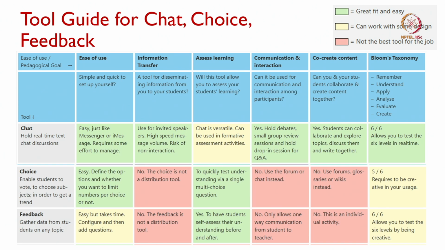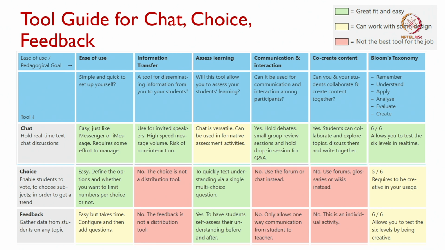Okay, so if you are using this particular feature for the first time, this guide will help you understand what particular activity, that is choice or feedback, is going to do and what cognitive process it is going to achieve.